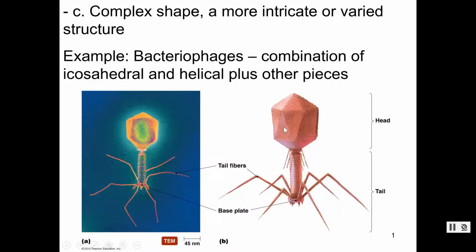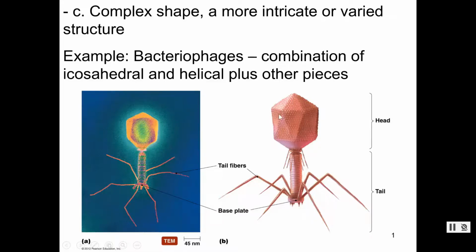We mentioned some of those diseases like chickenpox or HIV. Those are viruses that infect eukaryotic cells, human cells. We're very interested in those. But there are also viruses that infect bacteria, and those are called bacteriophage. Now, this particular one is made up of several different types of structures. There is a polyhedral section, but it also has a helical section and some other structures.